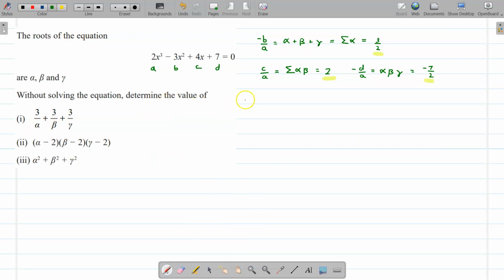So for part 1, we have 3 over alpha plus 3 over beta plus 3 over gamma.